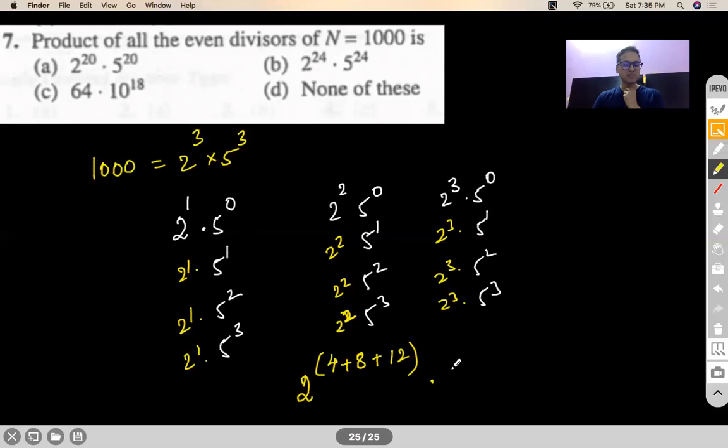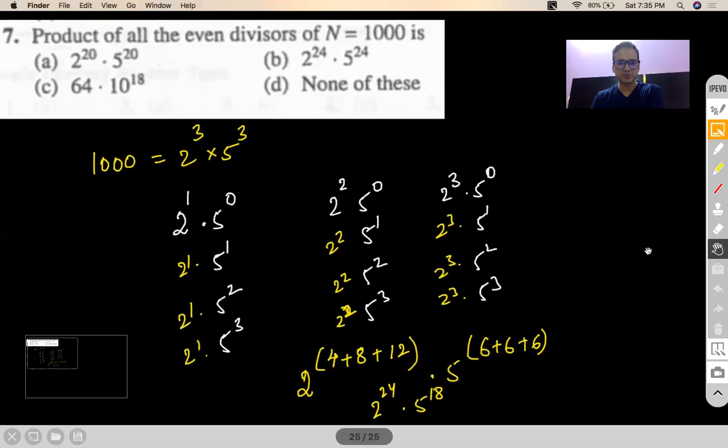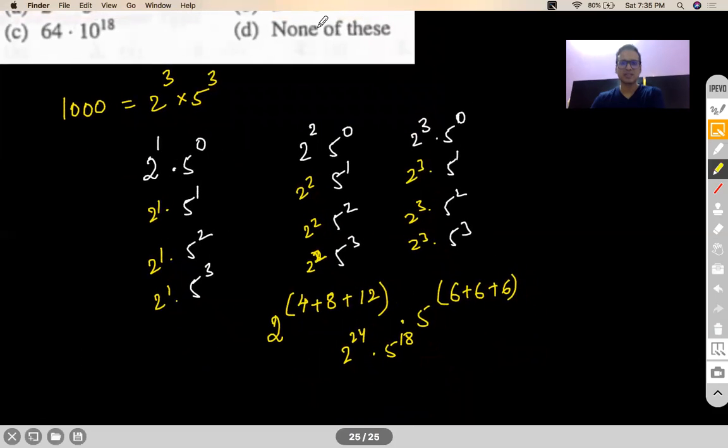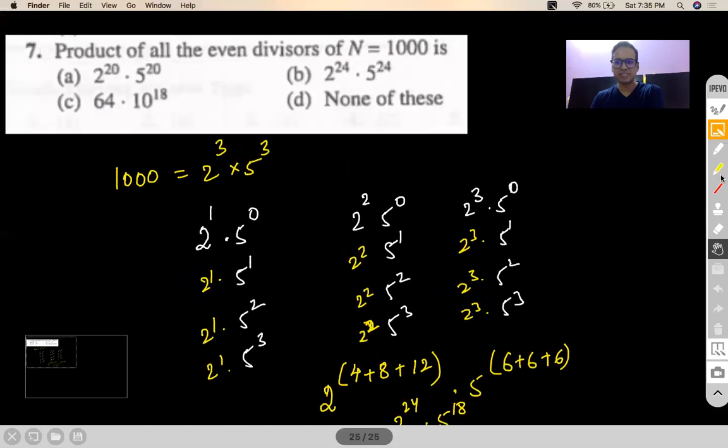So you'll have 2 to the power 24. Similarly, you'll have 5 to the power 6 plus 6 plus 6. So this becomes 2 to the power 24 into 5 to the power 18, if I'm not mistaken. Correct me if I'm wrong. So the answer should be 2 to the power 24, 5 to the power 18, which is none of these.